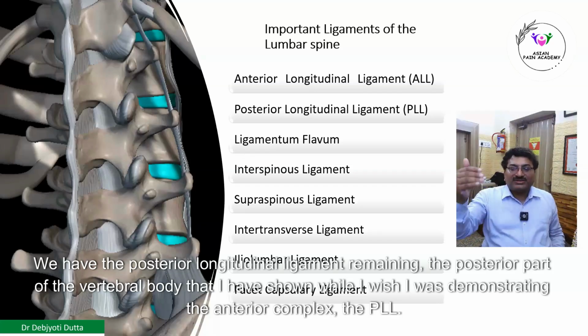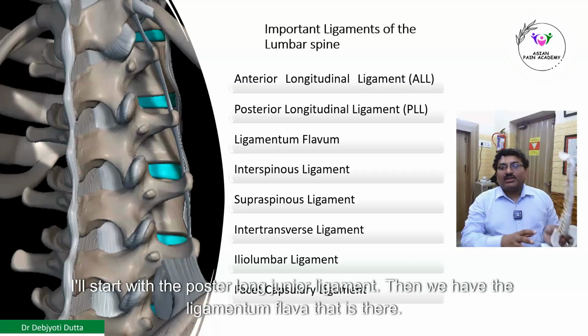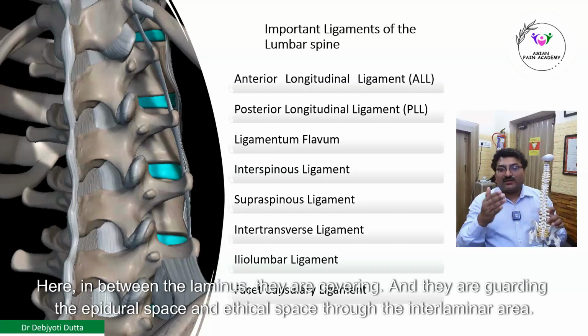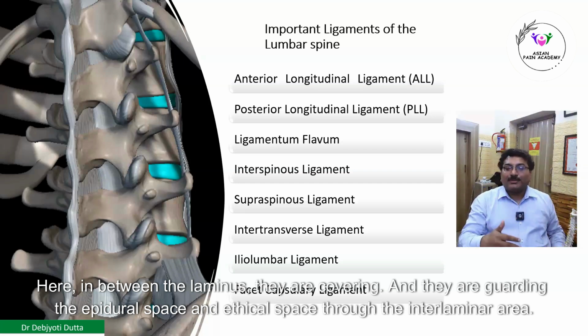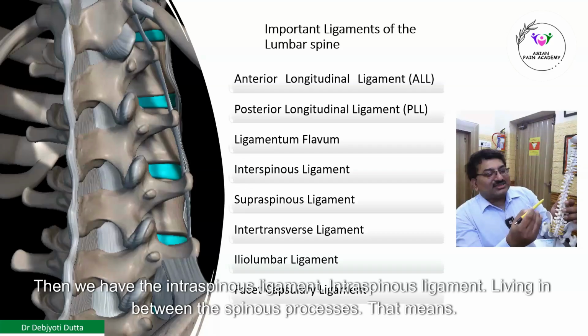Then we have the ligamentum flavum, here in between the laminae. They are covering and guarding the epidural space and the thecal space through the intralaminar area. Then we have the interspinous ligament, which remains in between the spinous processes.